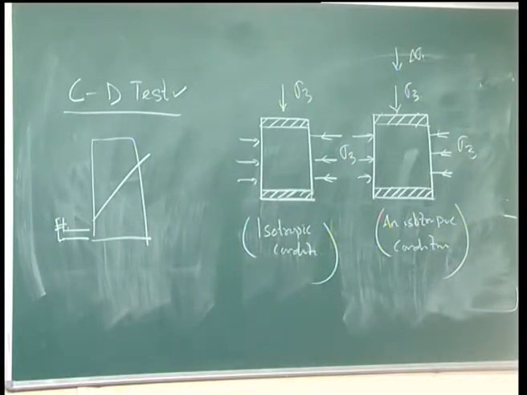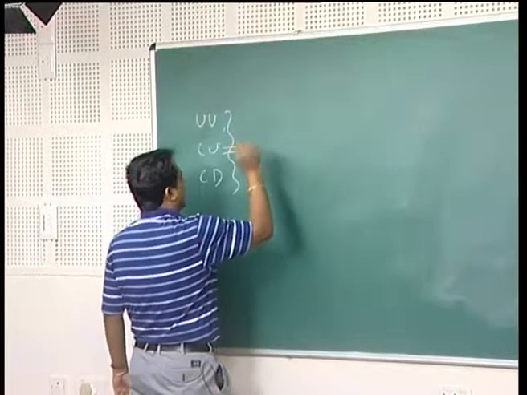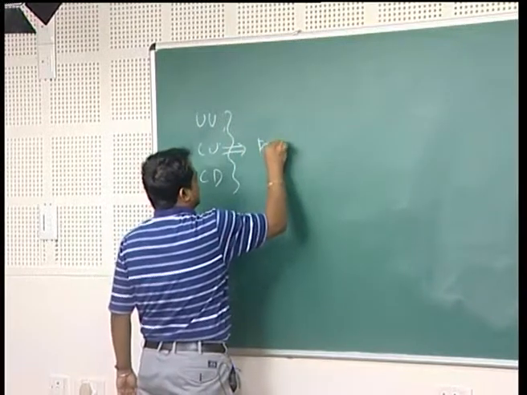Where are we going to apply these in the field? What for are we doing UU, CU and CD, and how far are they related to our practical problems?